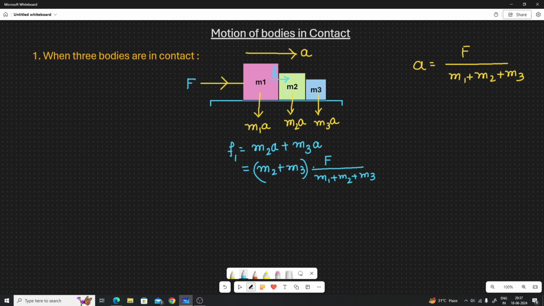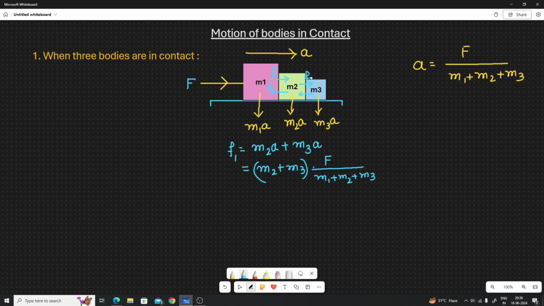Now there will be an opposite reaction force acting on m1, but don't be confused between these reaction forces because they are acting on different bodies. Now if you are asked what is the force acting between these two masses m2 and m3, you can see that the force on m3 is m3 into a, and this force is coming from this surface.